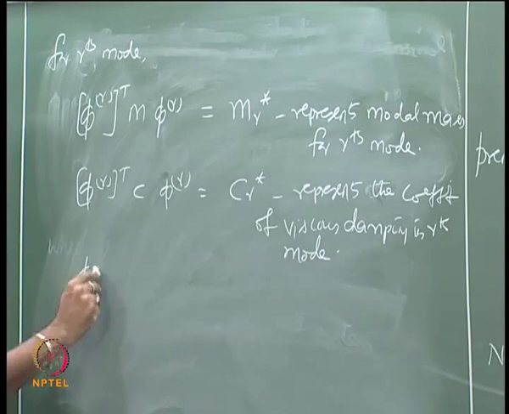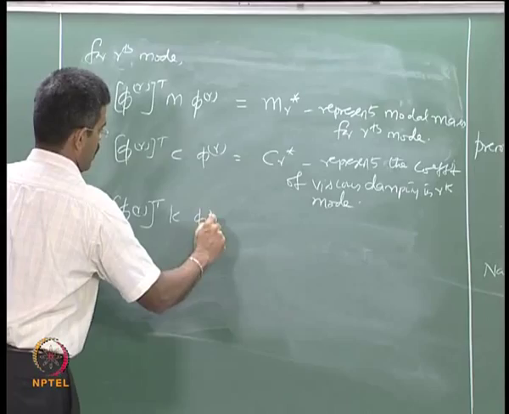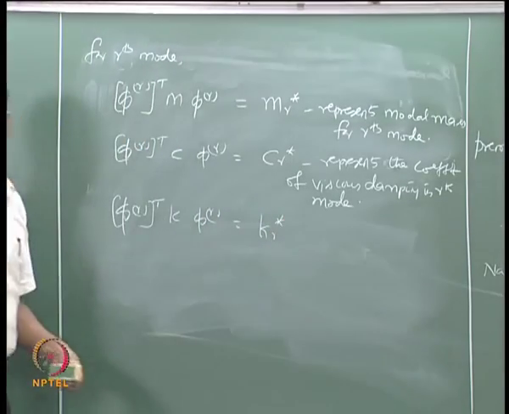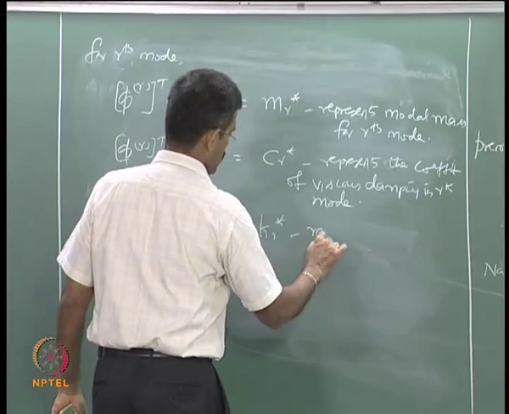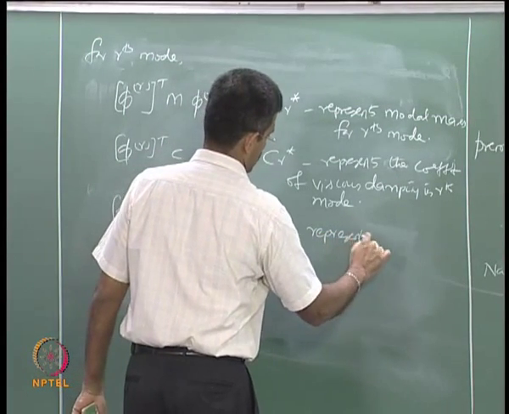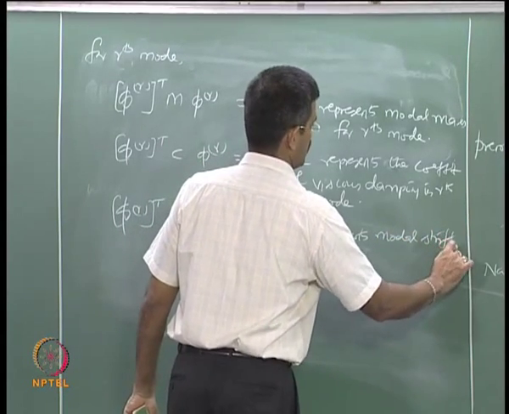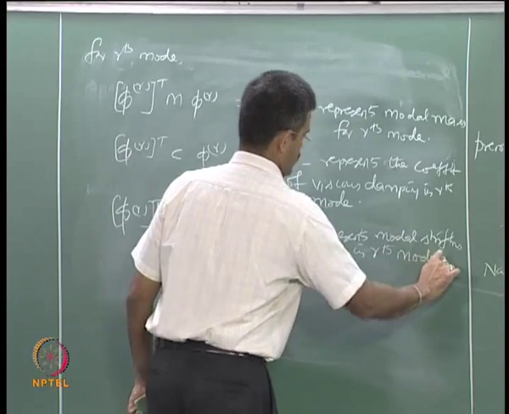Similarly, phi R transpose K phi R, I call this K R star, represents modal stiffness in the rth mode.